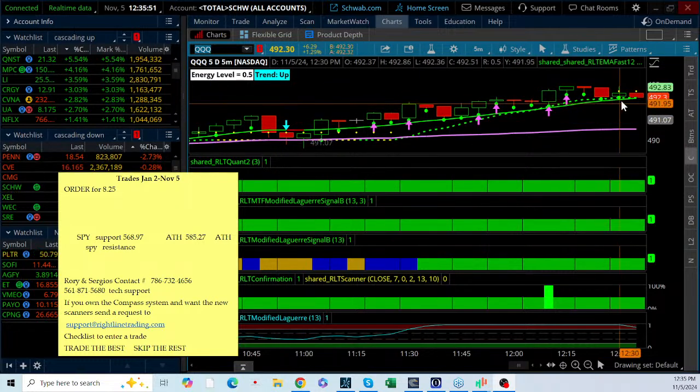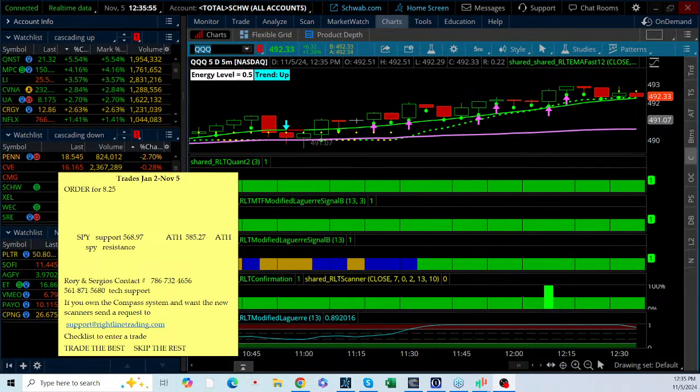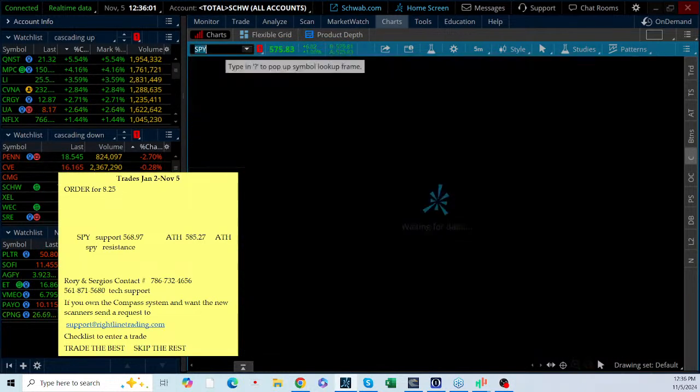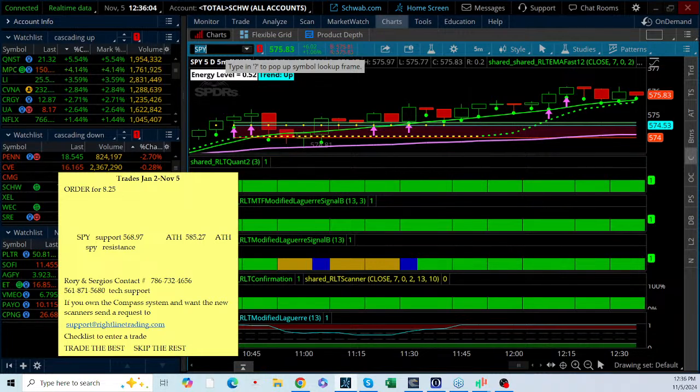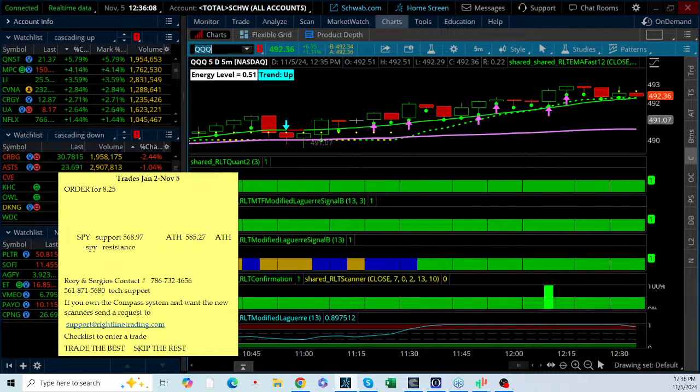Q's right back to the 15. SPY is still struggling to get through that 576.19.